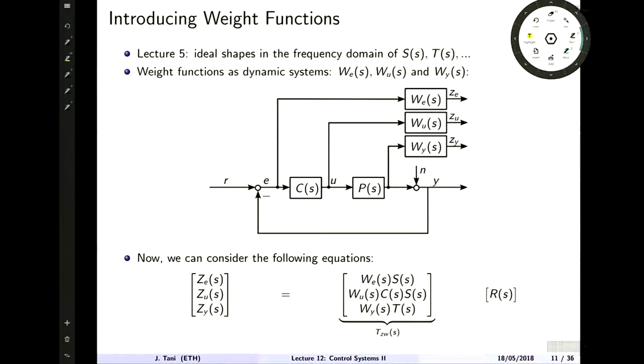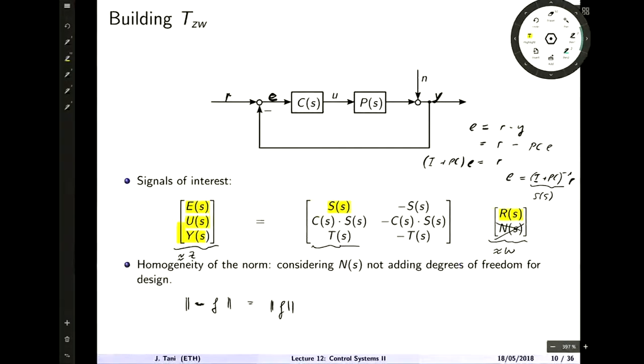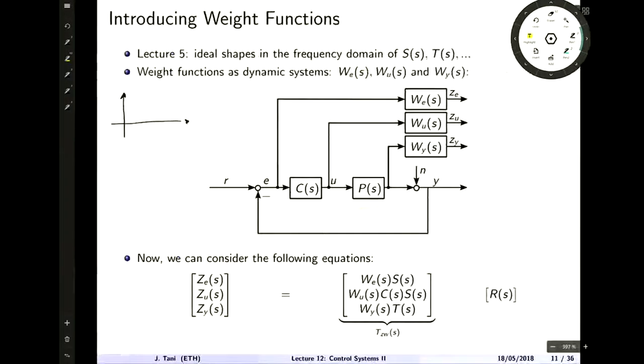Okay, now we are still not there because now we have a problem. So you remember, for instance, let me get back so quickly. So we have S of s here. So E equals S times R. And you remember from control systems 1, what S of s should look like is typically like this.